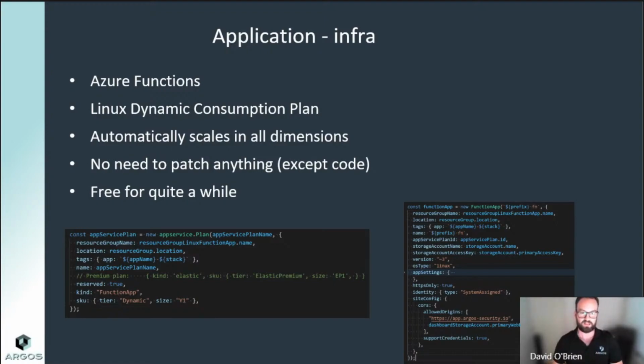So let's get on to the most exciting bit, really, the actual application. I mentioned it's hosted on Azure Functions, which fits our serverless requirement. It was hosted on a Linux dynamic consumption plan. So yeah, we use .NET on Linux because why not?